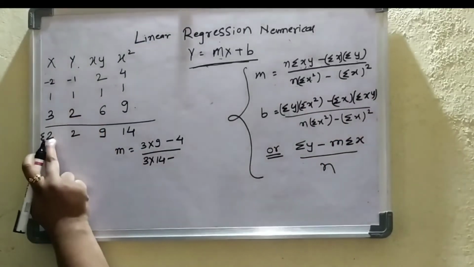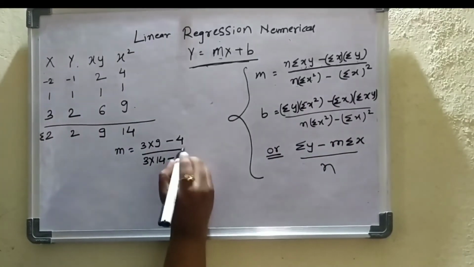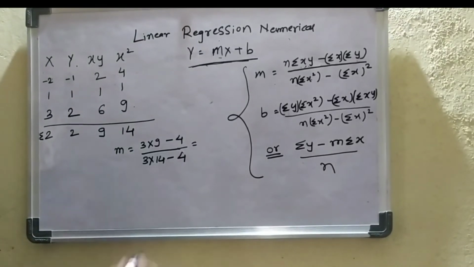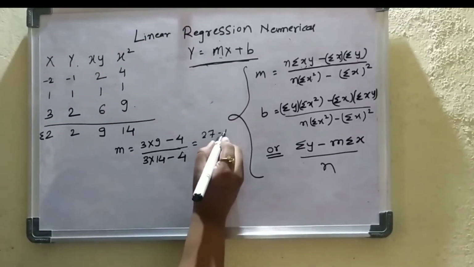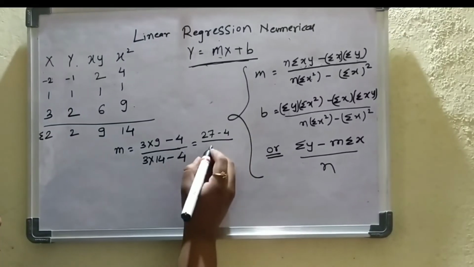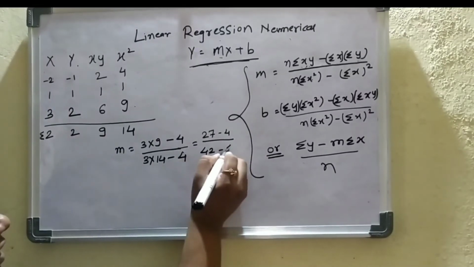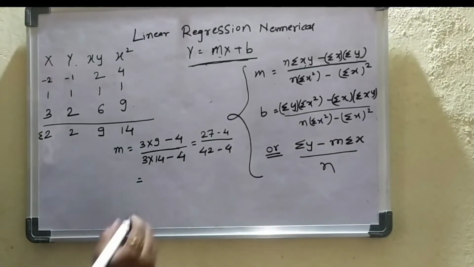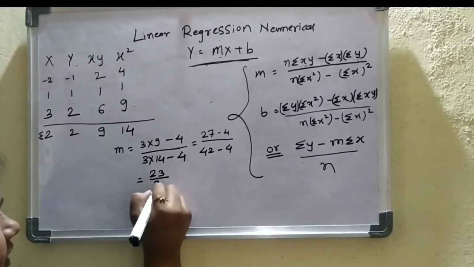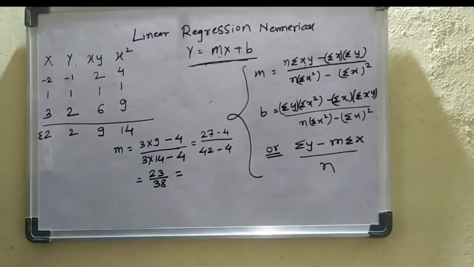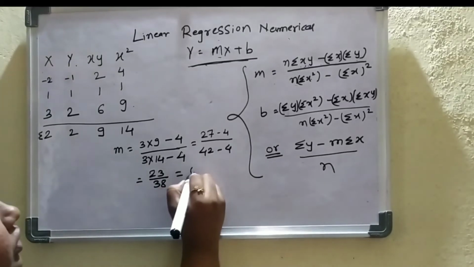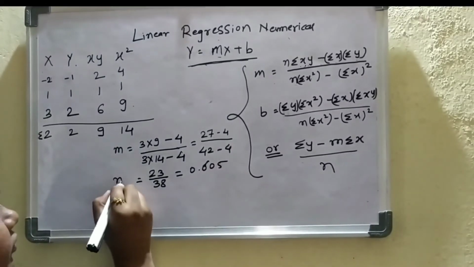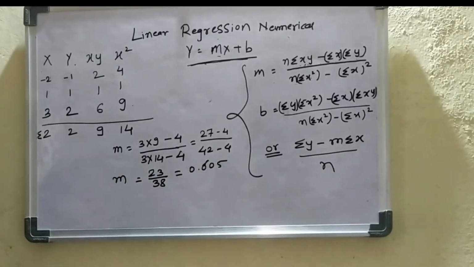Now we will do the calculation. 9 3s are 27 minus 4, and downside we will get 42 minus 4. After solving this, we get m equal to 23 divided by 38, which is approximately 0.605. So this is the slope, which is the m value.